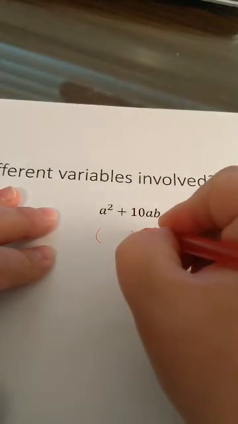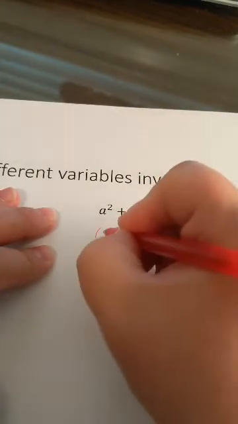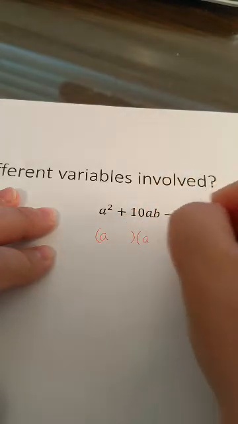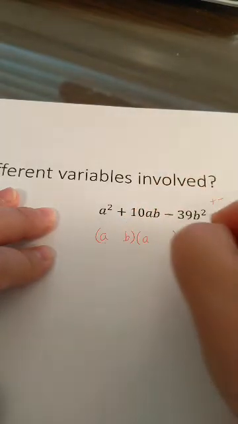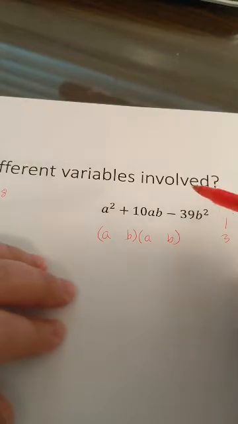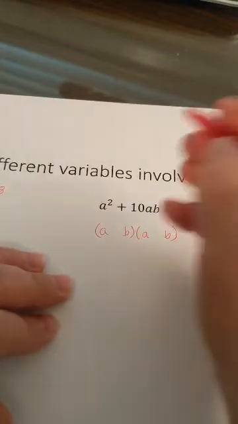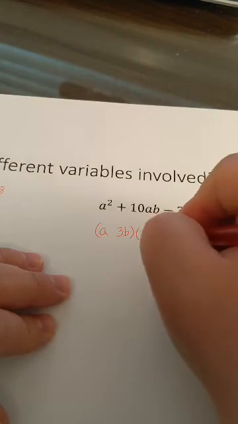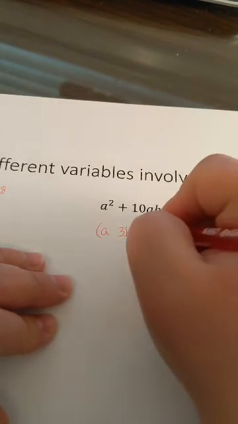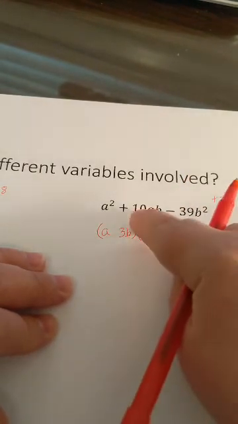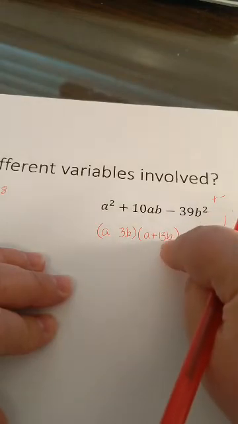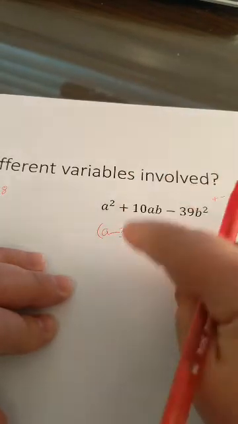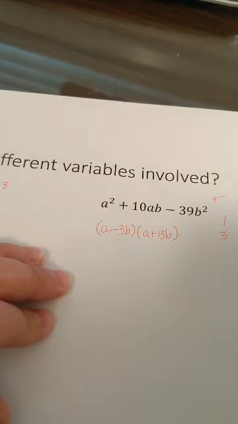So then we just do A, and then we'll just put that one B, and then we'll just put the 3 and the 13, and the 13 has to be positive in order for 13 minus 3 to be 10.